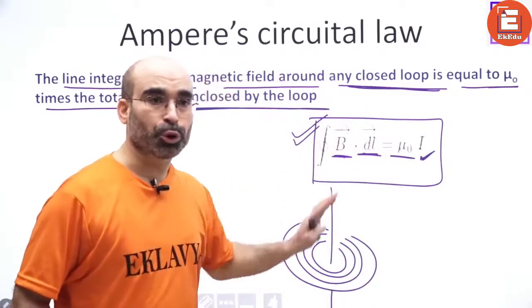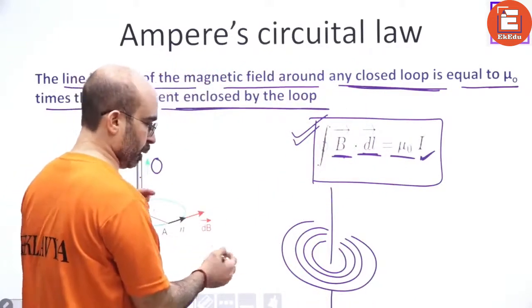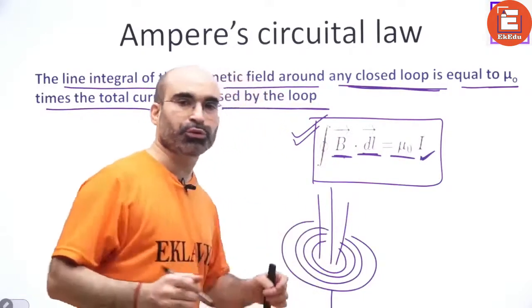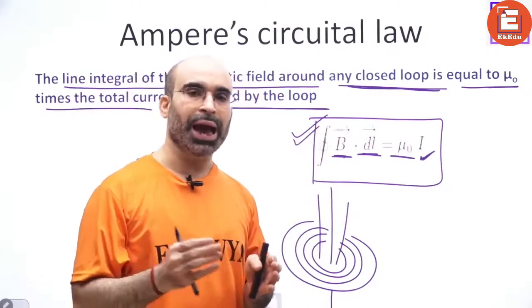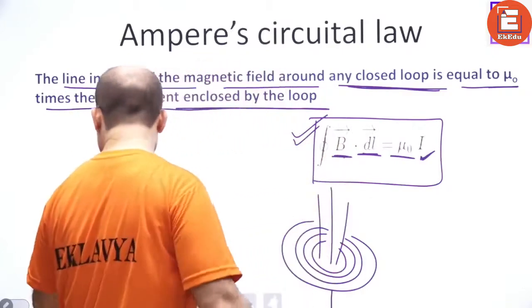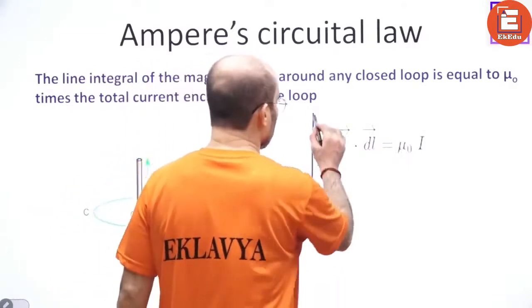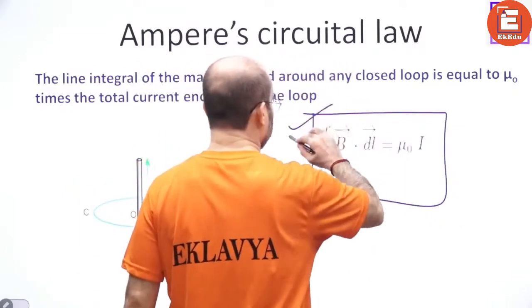If this loop encloses multiple currents, then what will happen? Add them all. Okay, I will give you an example. This was the statement of Ampere Circuital law.